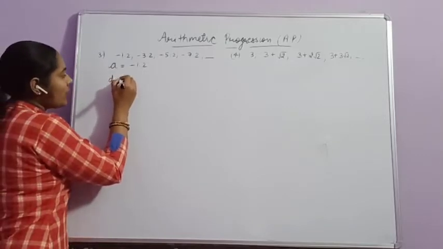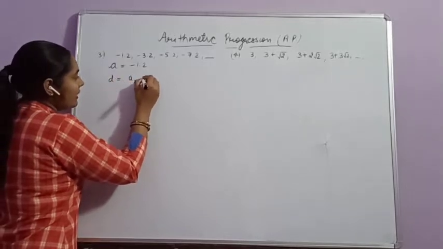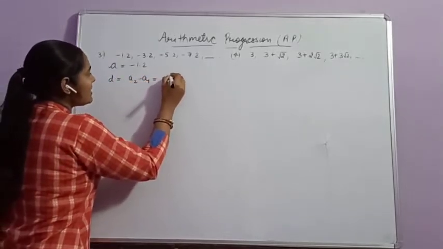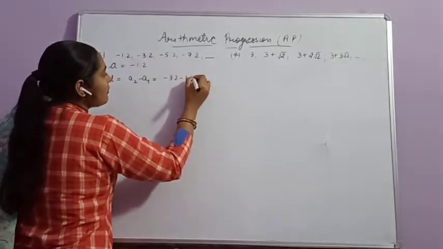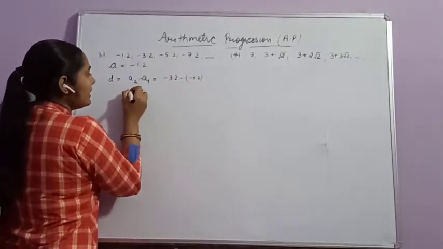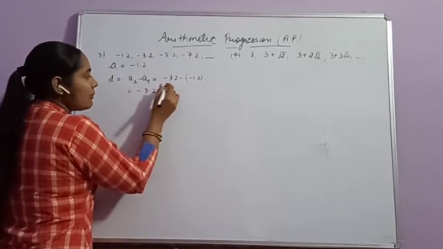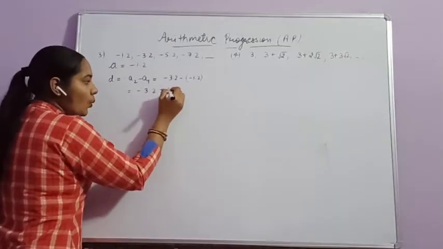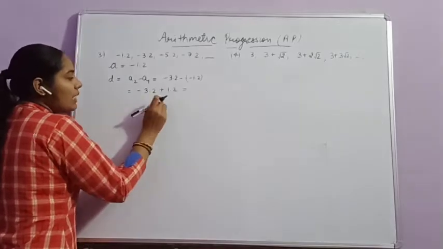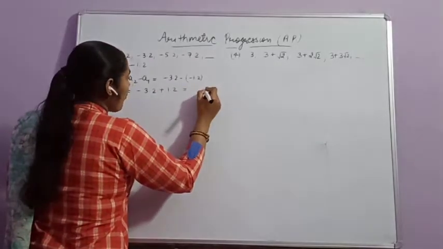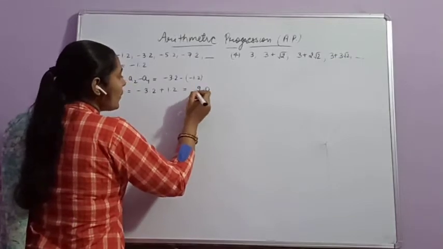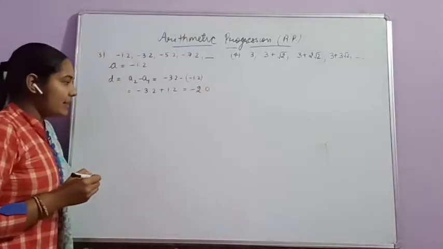D is equal to A2 minus A1, that is equal to minus 3.2 minus of A1, which is minus 1.2. Here, minus 3.2 minus minus plus 1.2, and you know that plus times minus is minus, so 2.0 with a negative sign.